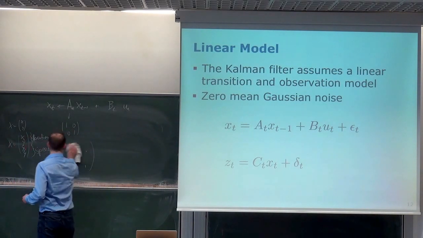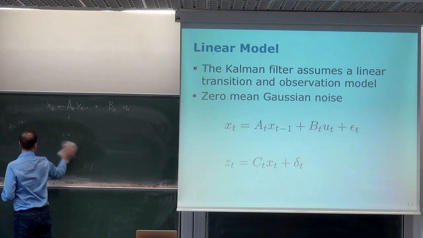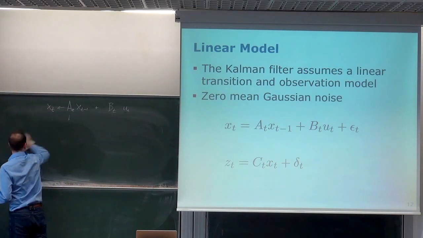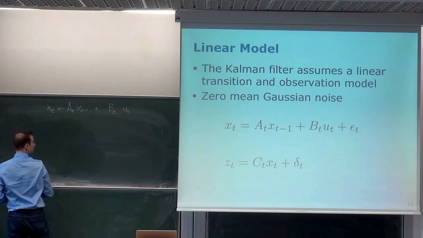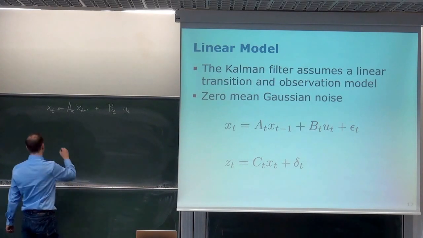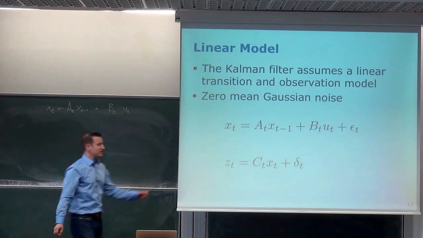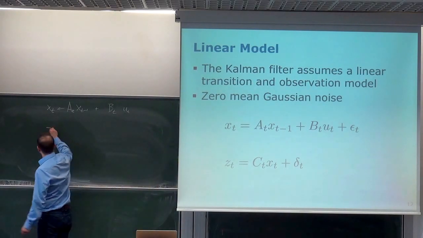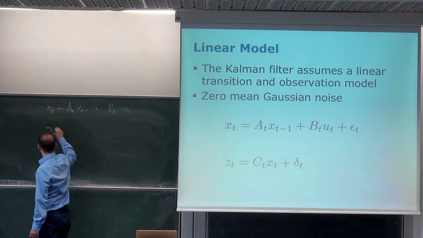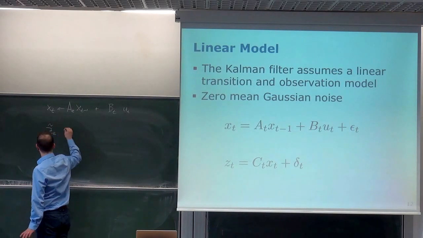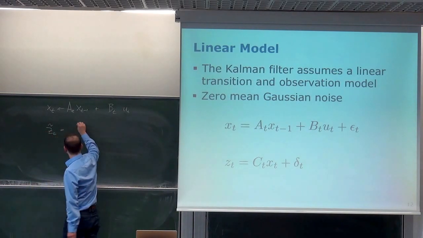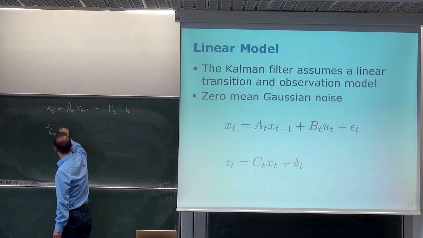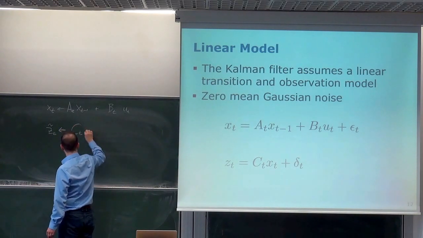Okay, the second thing, this was the motion model. And the second thing that we have is our observation model, which has this form. Let's call it like this, the observation is computed as a matrix C_t x_t.